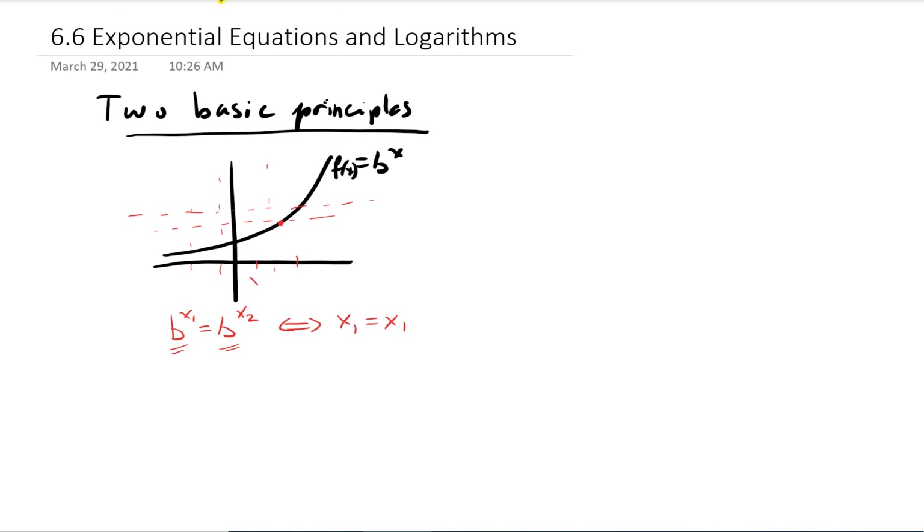Because if they were different, let's say this is x1 and x2, the y values would automatically be different, right? I would have b to the x1 and b to the x2 really different here. So because the function is one-to-one, then this is true here. So this is since an exponential function is one-to-one.